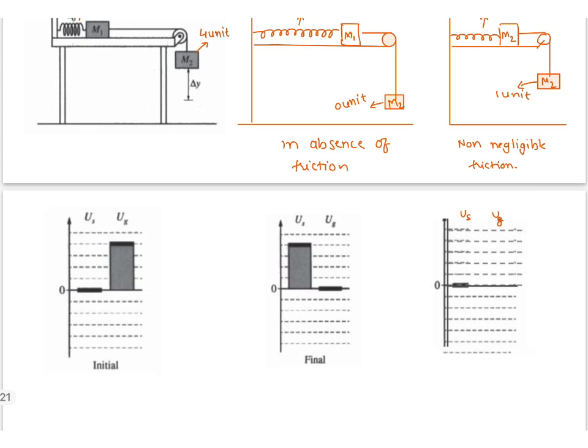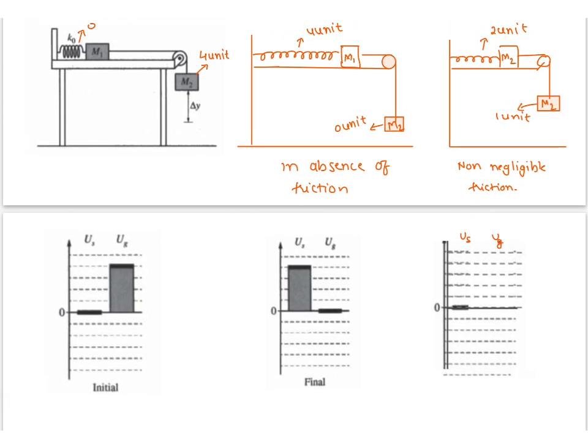So, of course, I have represented it here. Due to friction, now this block will not be able to move the distance which it has moved in the absence of friction. So now the energy stored in the spring will be less. So instead of 4 units, I am assuming that energy to be 2 units.